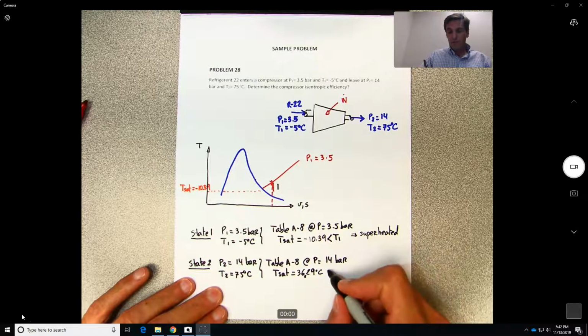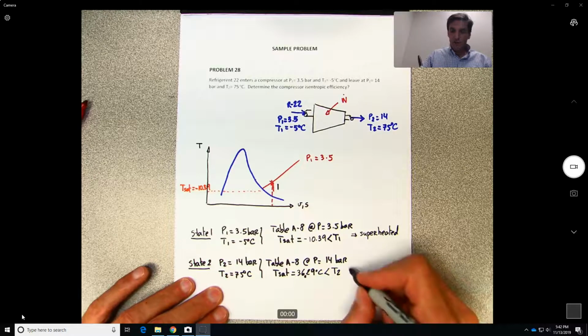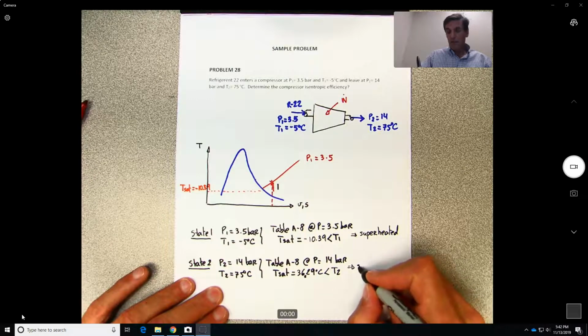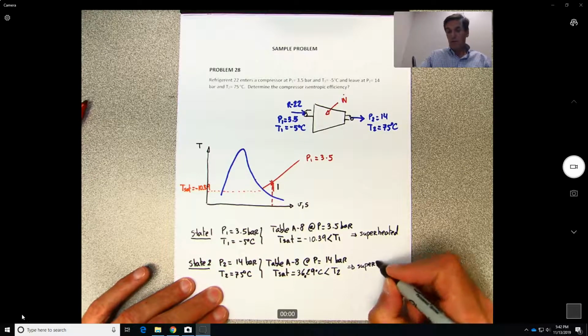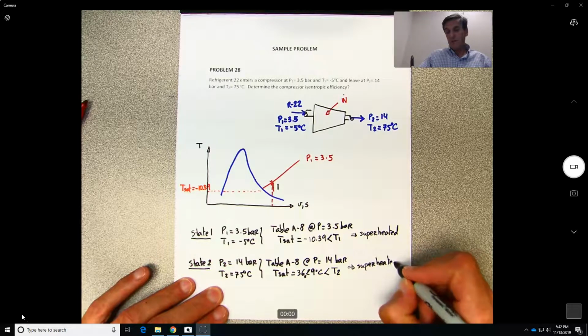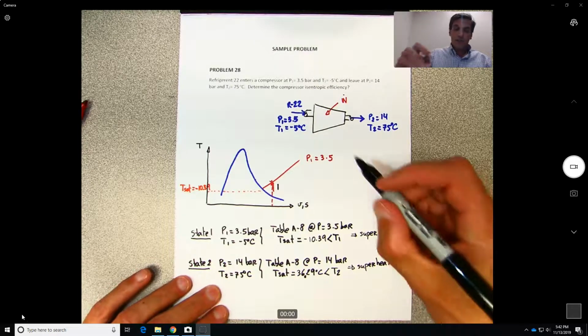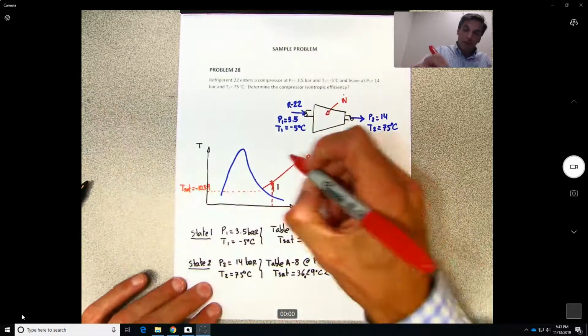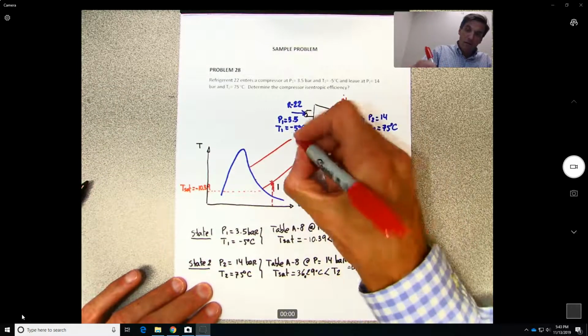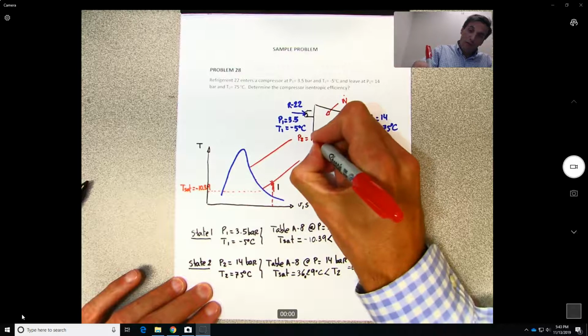So what do we know? This is lower than T2, which is 75. So this also will be superheated. Okay, so we'll go through another line over here, P2 equal to 14.